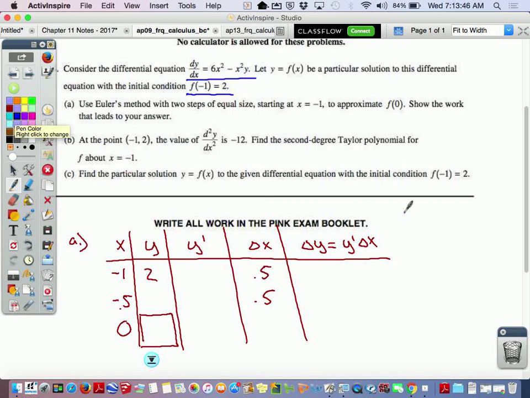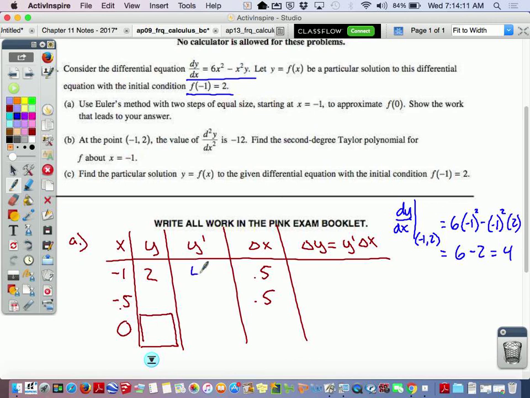So what we'll do is we'll find dy dx at the point negative 1 comma 2. So that means I'm going to plug in negative 1 for x and 2 for y. So that will get us 6 times negative 1 squared minus negative 1 squared times 2, which is 6 minus 2, which gives us a value of 4.